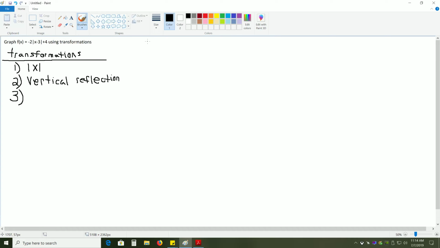Whenever you're multiplying by a value between 0 and 1 on the outside of your function, that means you have a vertical shrink or compression. When you're multiplying by a value that is greater than 1, it means that you have a vertical stretch. So in this case, our graph is being multiplied by 2, which is greater than 1, so we have a vertical stretch occurring in this graph.